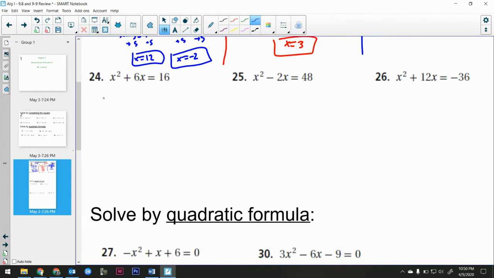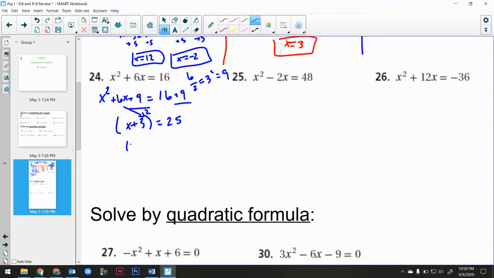Okay, sorry. Skip that. x squared plus 6x is equal to 16. And then I add 9 to both sides. Where do I get that 9, right? Well, 6 divided by 2 is 3, and then I square it, I get a 9. So this turns into an x plus 3. Again, that's always that b over 2, that cut in half, right? And then is equal to 25. 16 and 9 is 25.